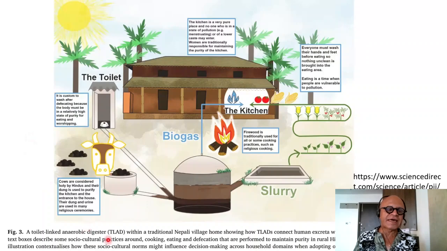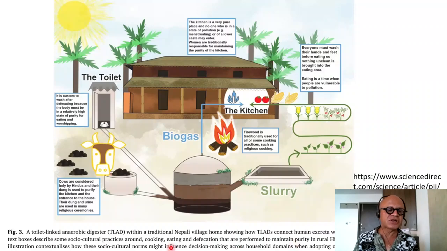A toilet-linked anaerobic digester within a traditional Nepali village home, showing how TLADs connect human excreta with cooking and eating. The text boxes describe some socio-cultural practices around cooking, eating, and defecation that are performed to maintain purity in rural Hindu Nepal. So the religion here brings certain cultural practices.